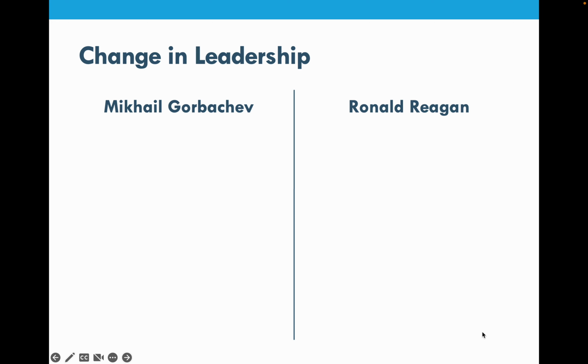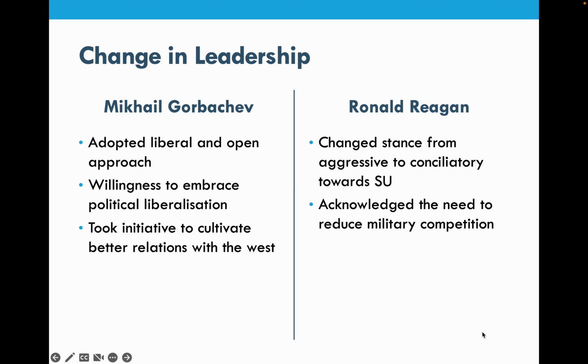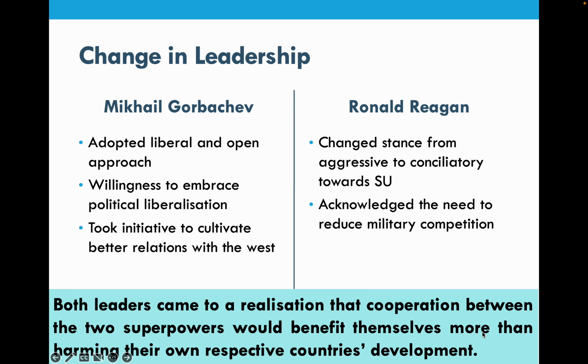One of the last factors that led to the end of the Cold War is the change in leadership. Gorbachev adopted a liberal and open approach and was willing to embrace political liberalization. So he took the first step to cultivate better relations with the West. Reagan, seeing this, changed his stance from being aggressive to rather conciliatory towards the Soviet Union, and he acknowledged the need to reduce military competition.